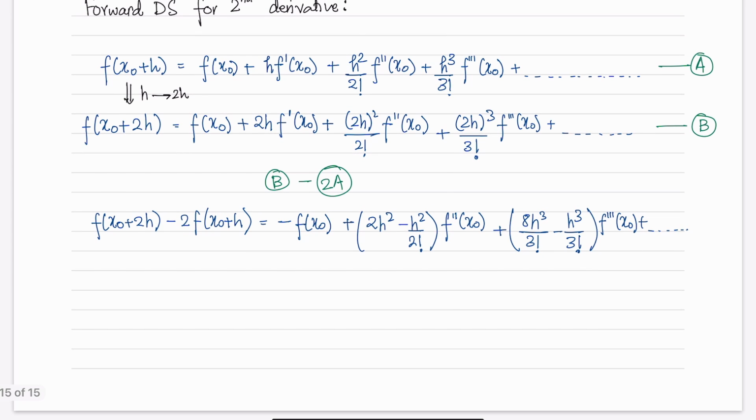Alright, it seems to be fine, but in case there are any errors, please let me know in the comments. So this term over here simply becomes 3h square over 2, if I'm not wrong. Yeah, I think that's fine. And this leading coefficient becomes 7h cube over 3 factorial, which is nothing but 6.